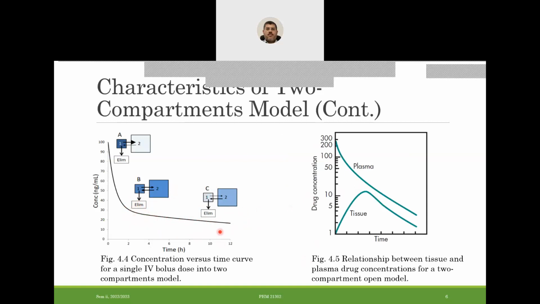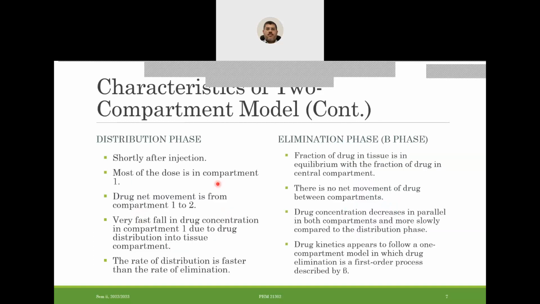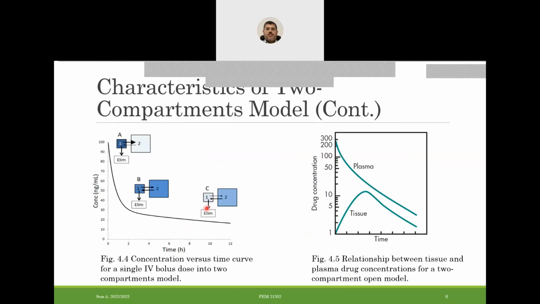So now it looks like an open one compartment model. Kinetics in the elimination phase appears to follow a one compartment model, in which drug elimination is a first order process described by beta. Actually, beta doesn't represent only Ke, but it represents both processes going on here, Ke and K21.